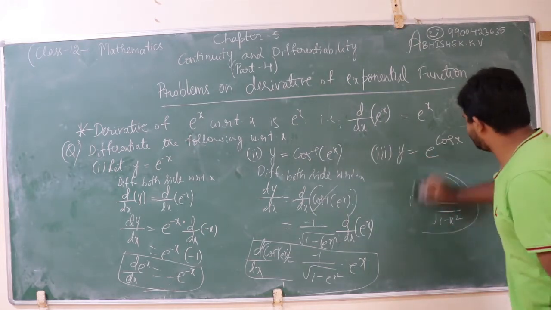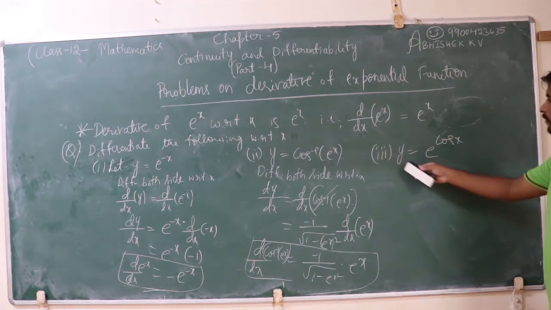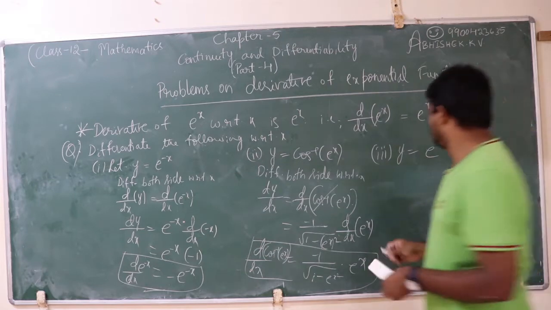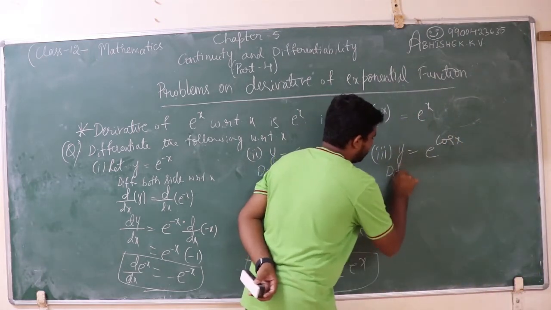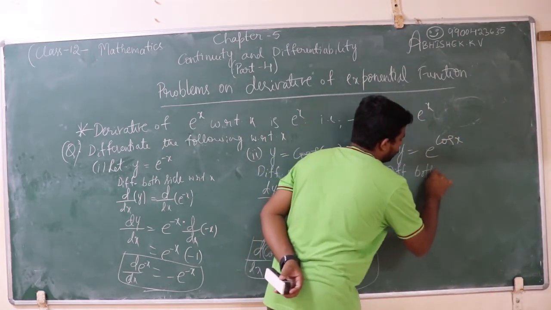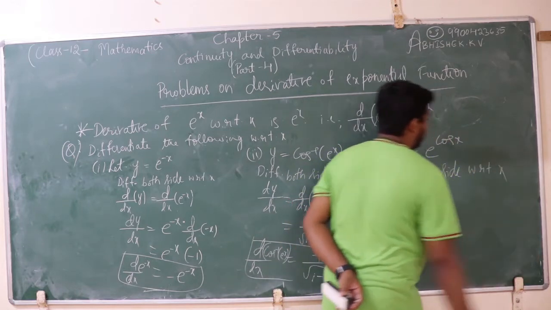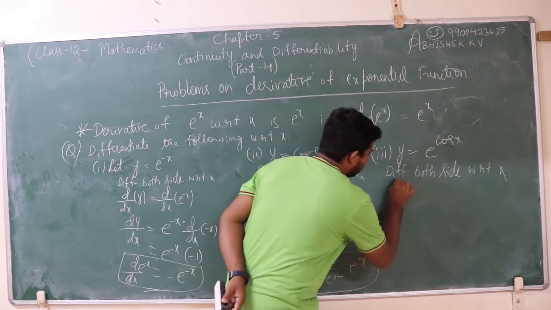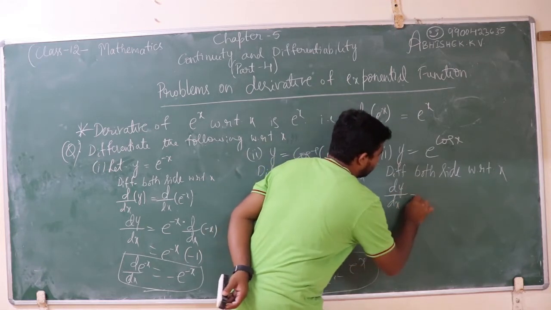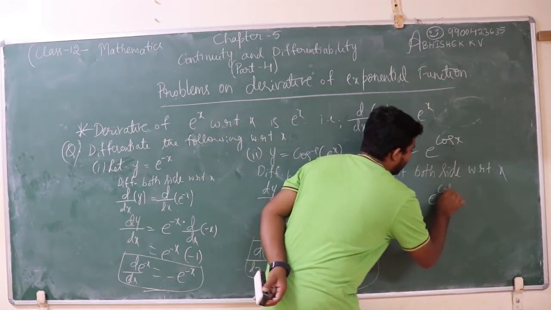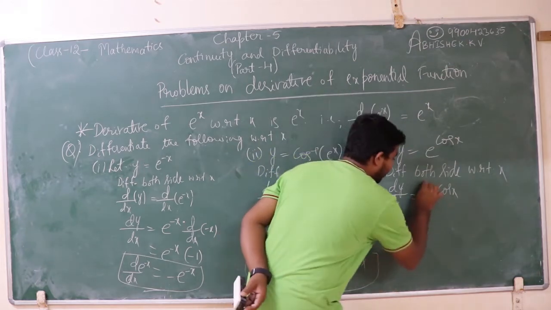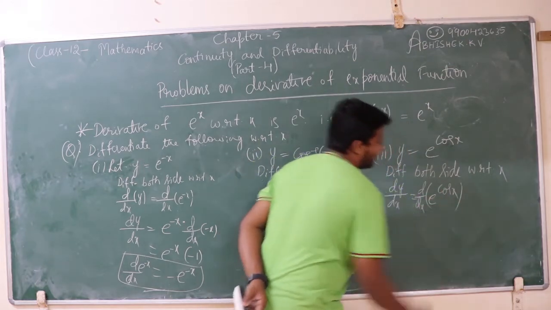So let us consider the next problem. y is equal to e to the power of cos x. Again, differentiate both sides with respect to x. Then dy by dx is equal to d by dx of e to the power of cos x.